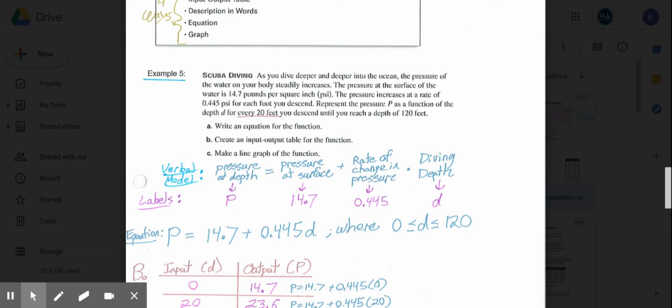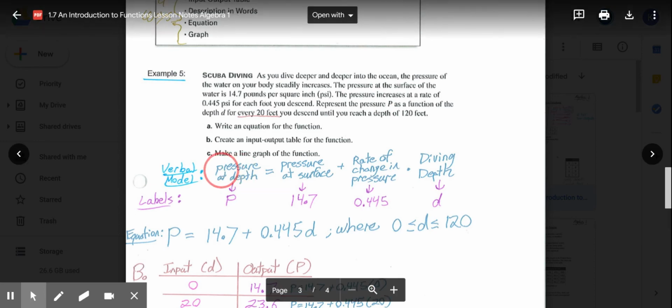Well, if I have a word scenario to write my own equation, I can always start with a verbal model. So let's try to make sense of this word scenario. We know we're eventually representing a function for P, and P is the pressure at whatever depth. So P is going to equal something.